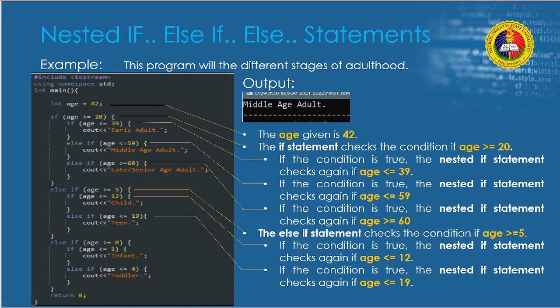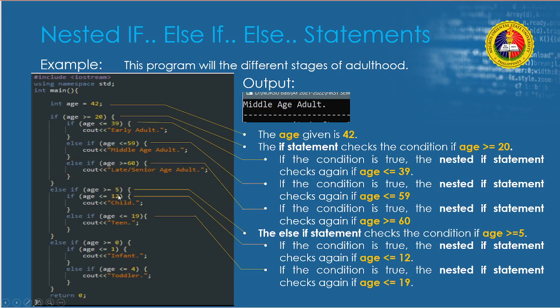Alright, so this time we're going to create another program. It's going to output the different stages of adulthood. So let's set first our ages. If 0 to 1 is entered, it will display infant. If it's 2 to 4, that is toddler.